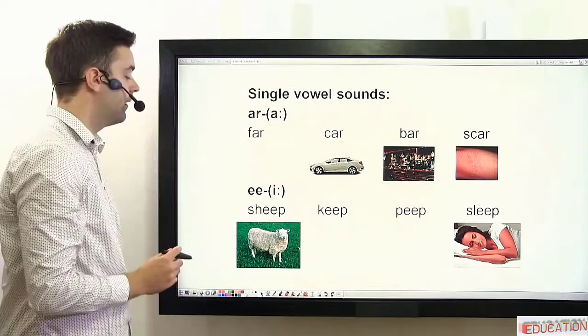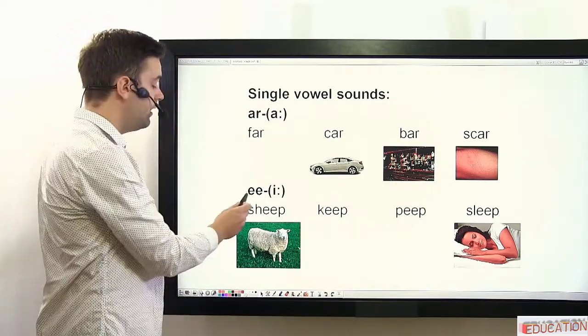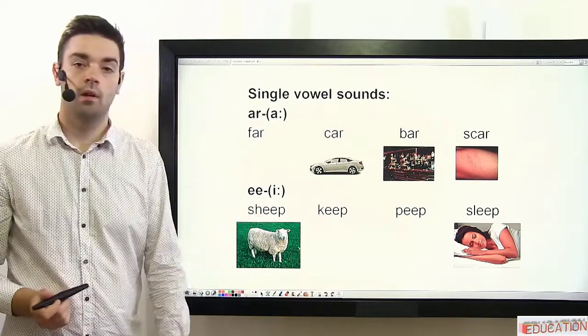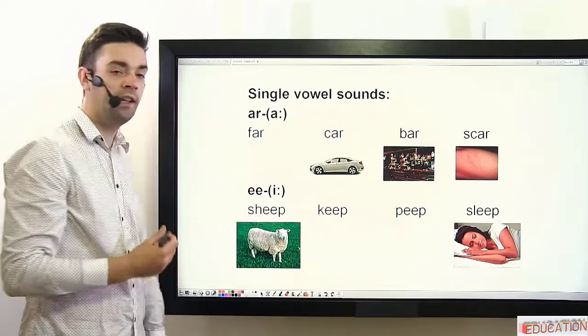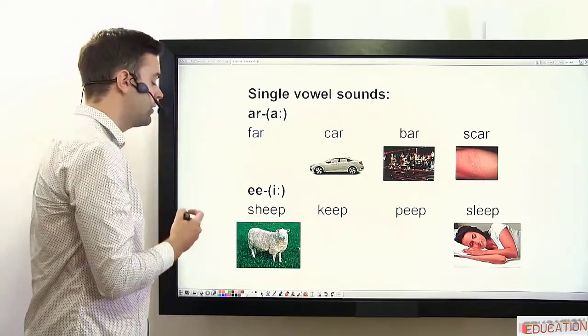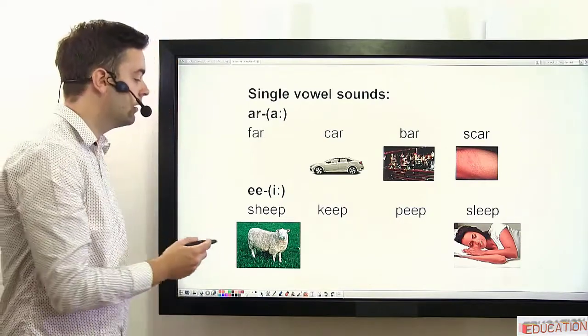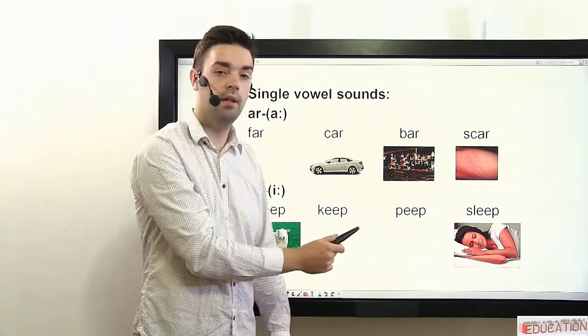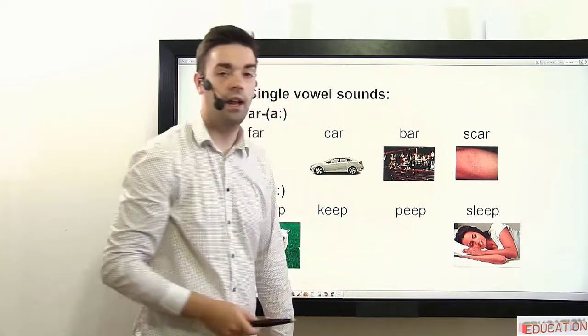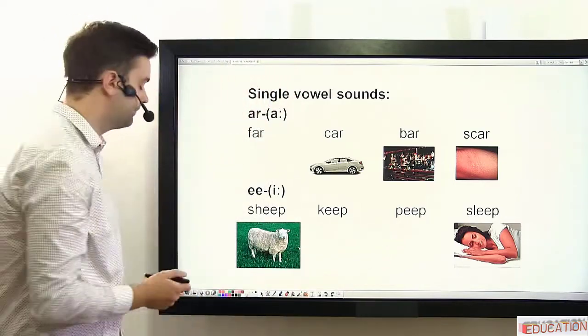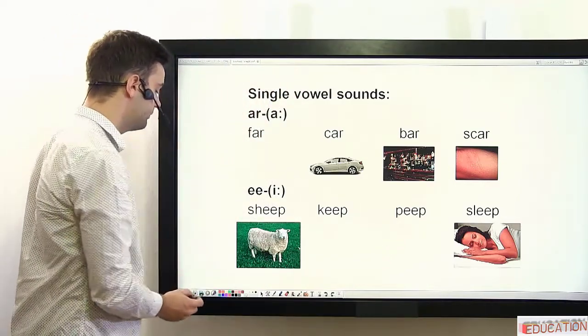When we join E and E, we get an E noise. So sheep, keep, peep, and sleep.